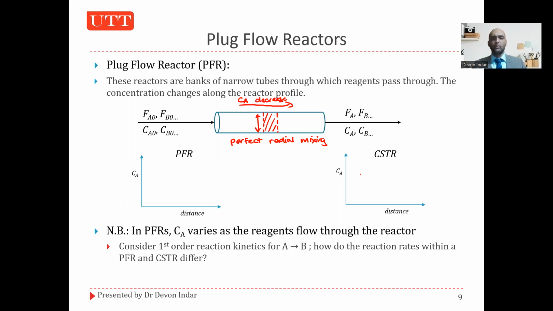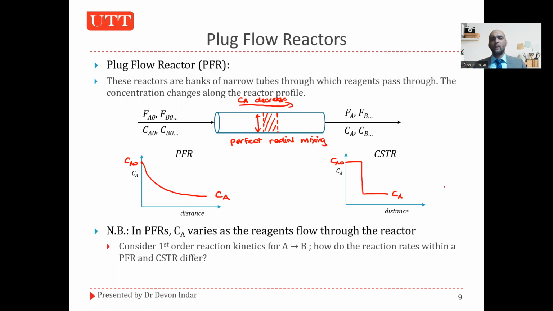In terms of concentration profiles, remember the CSTR did this. But in the plug flow reactor, it's going to look a little bit different. It slowly decreases along the length, so it'll do something like this. Now, let's say we have the same first order reaction going on, A goes to B. How will the reaction rates compare for a CSTR versus a PFR doing the same reaction?